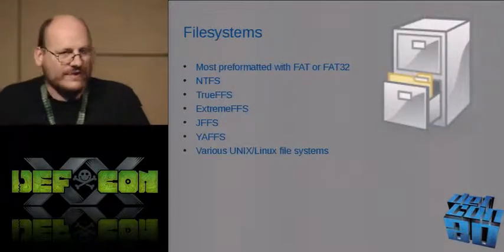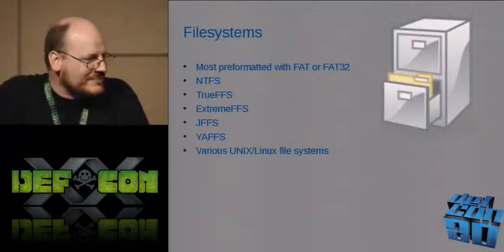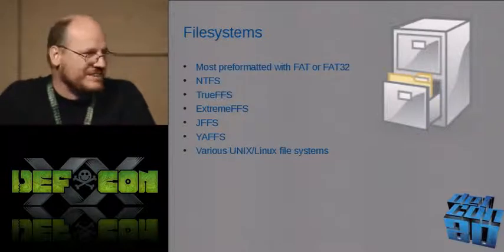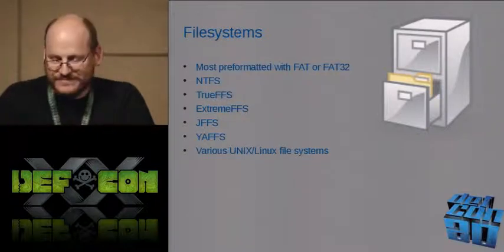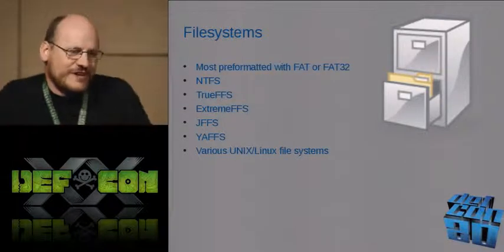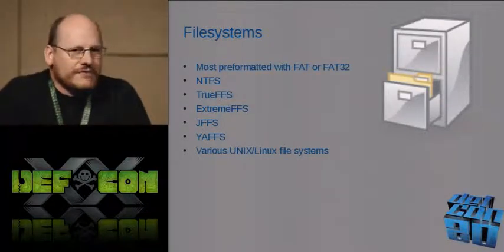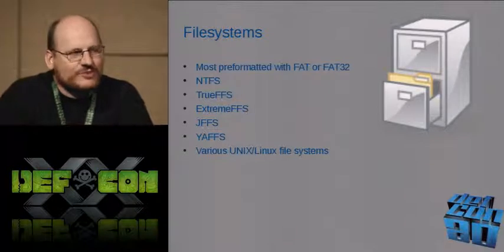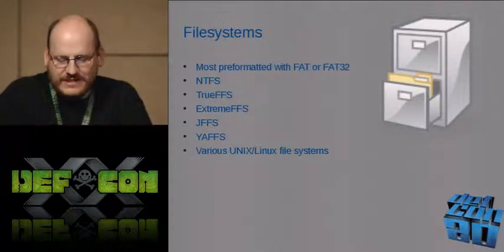All right. What kind of file systems can you put on these things? Well, it's a block device, whatever you want. Most of the time, they come pre-formatted as FAT or FAT32. For external hard drives, I've seen those pre-formatted as NTFS.